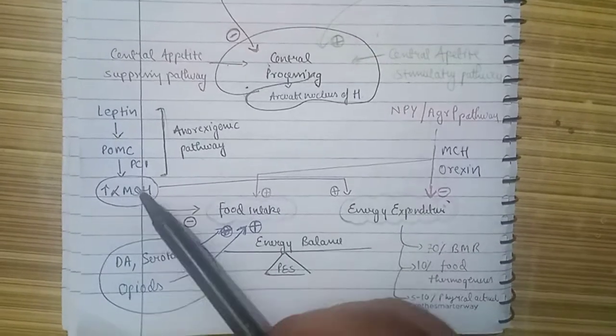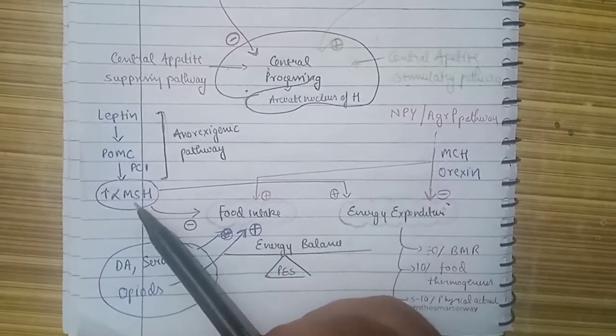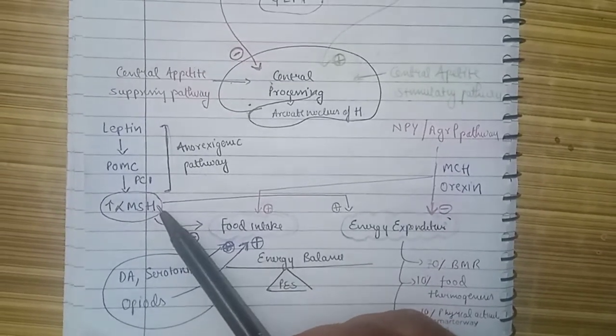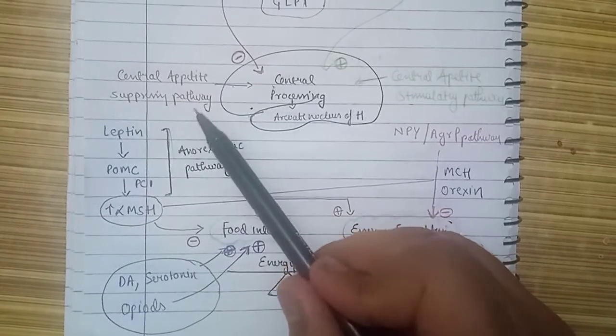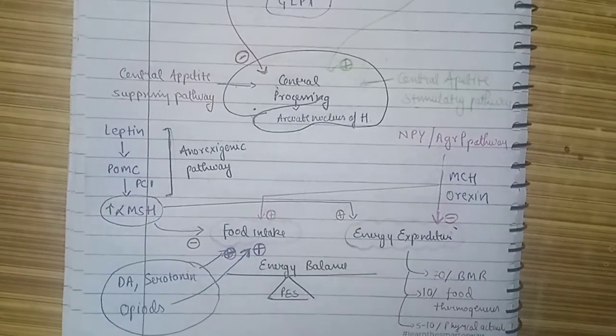The alpha melanocyte stimulating hormone is what we need to remember by heart, because this is something which is the final result of our central appetite suppressing pathway. This is going to bring changes in our efferent system.